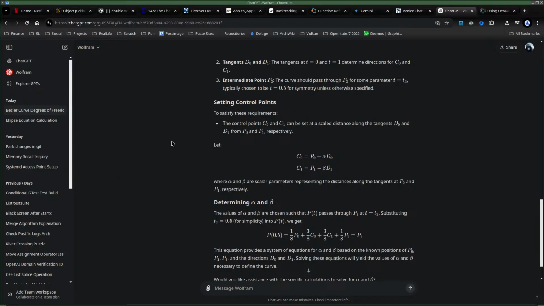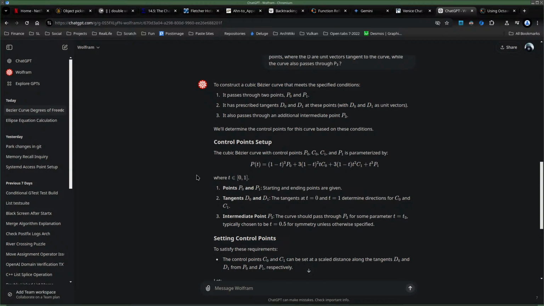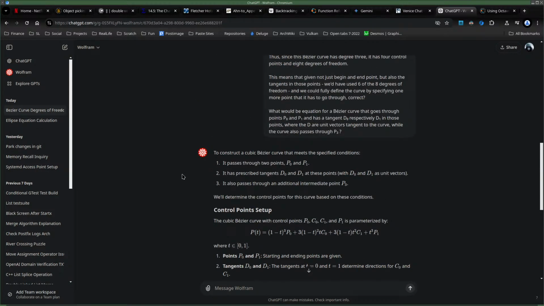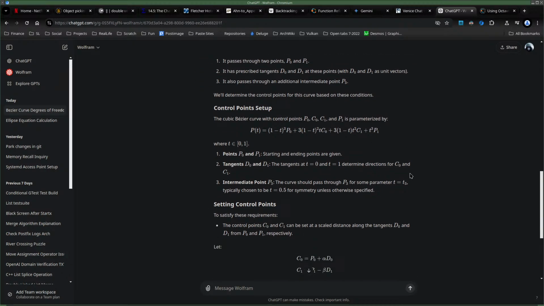So let's have a look at what ChatGPT said about that. I believe this is correct. I mean, you have to check things that it says, but I think that the control points are indeed on a line through P0 and P1 respectively with that tangent that we have.